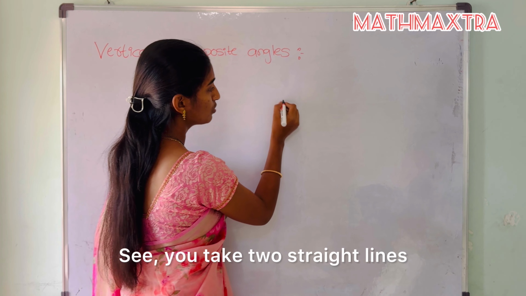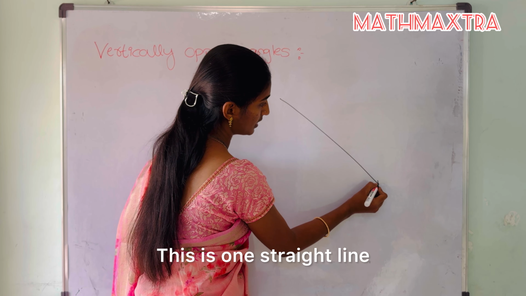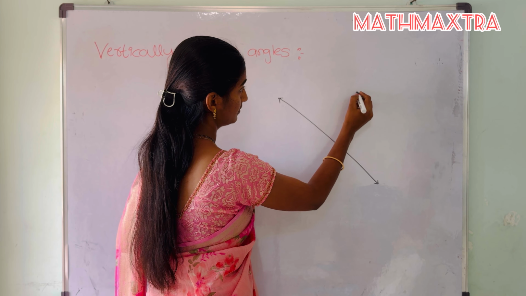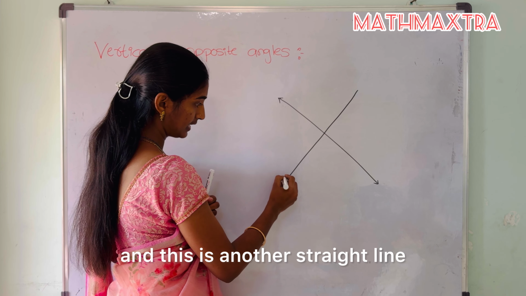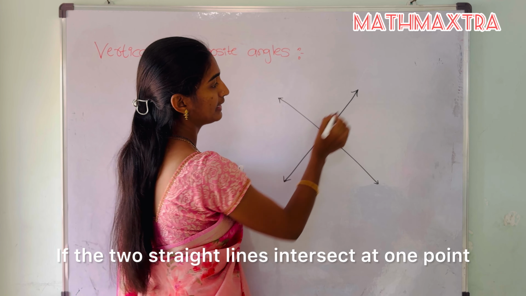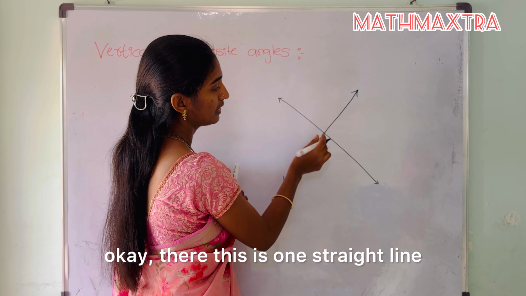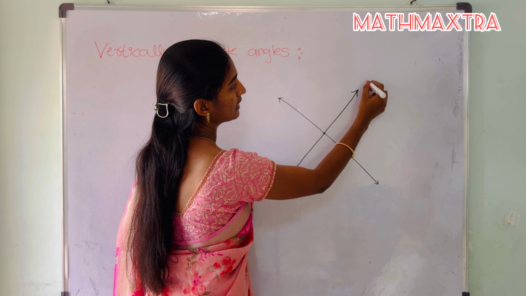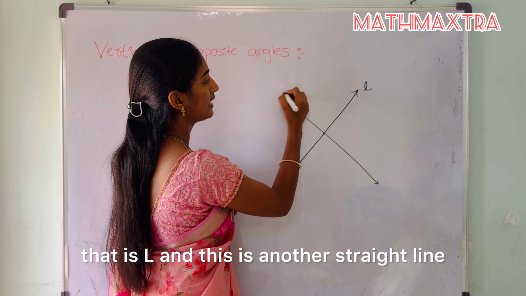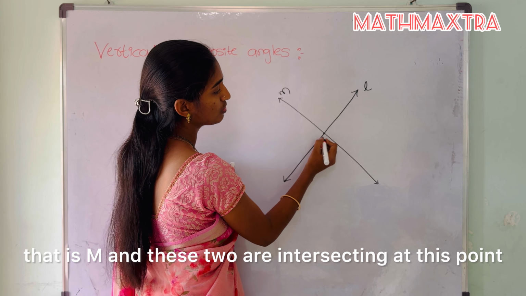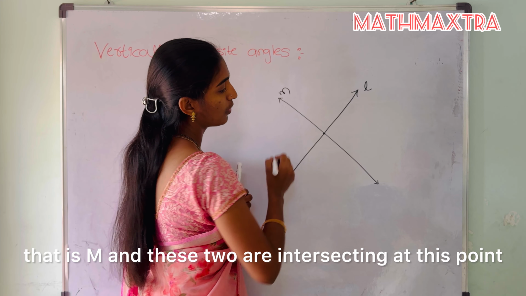You take two straight lines. This is one straight line and this is another straight line. If the two straight lines intersect at one point, this is one straight line, that is L, and this is another straight line, that is M, and these two are intersecting at this point.